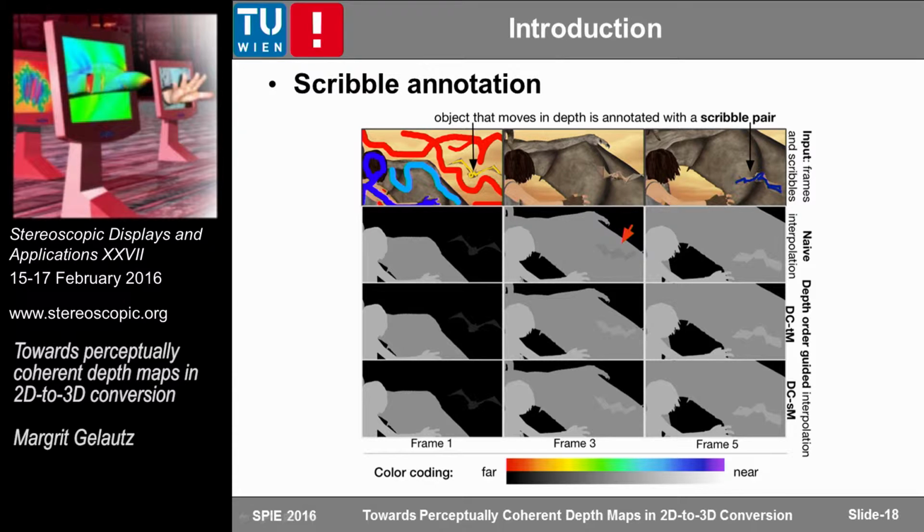Bluish colors of the scribbles mean the object is in front, and the yellow and reddish colors denote objects that are further in the back. In particular, if you take a look at the small dragon here, it's annotated in yellow, so it's rather far in the back, and on the last frame here, it's annotated in blue. That means that in the meantime it has come further to the front.